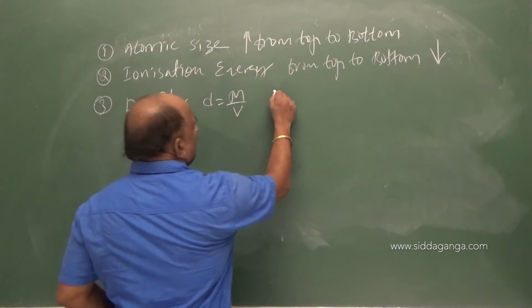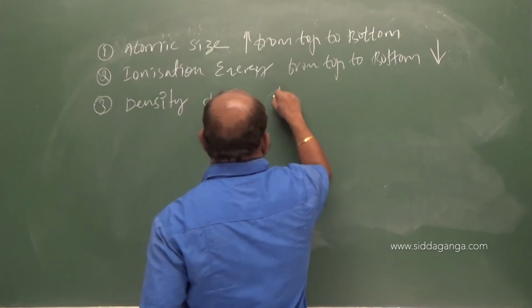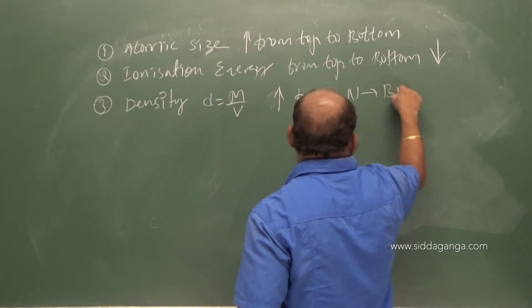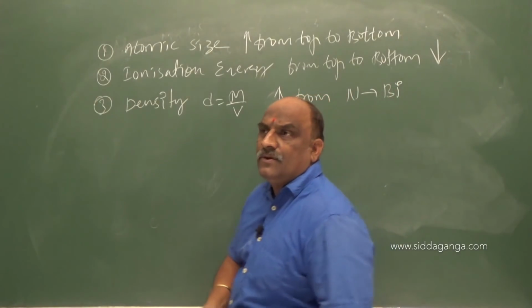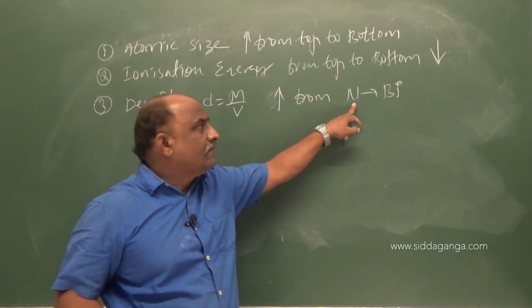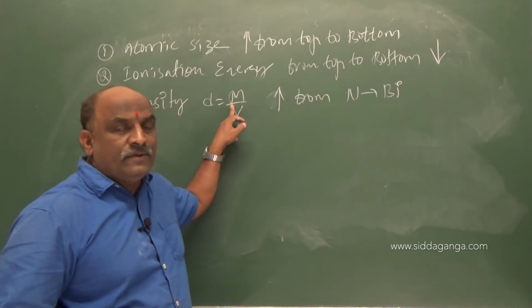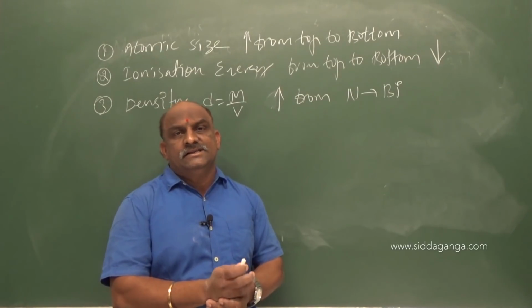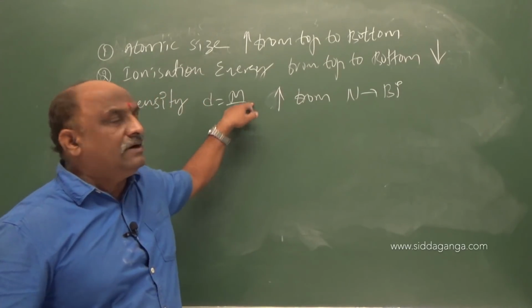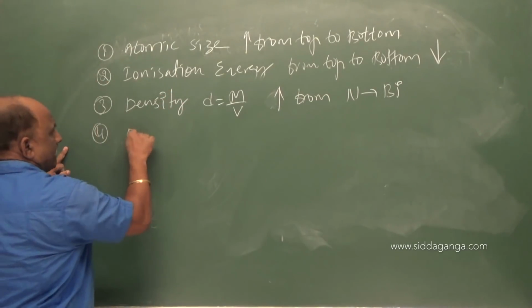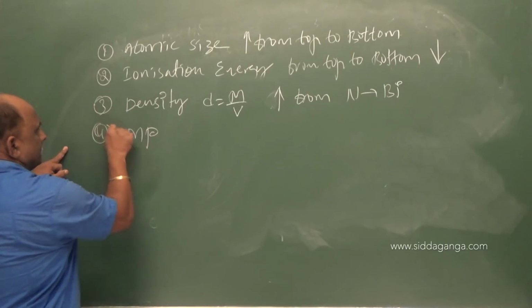So density also increases from nitrogen to bismuth, because the mass of the atom increases and the size of the atom increases. So density increases.